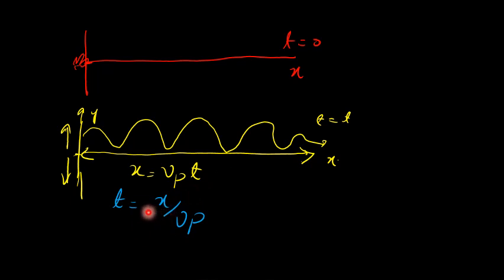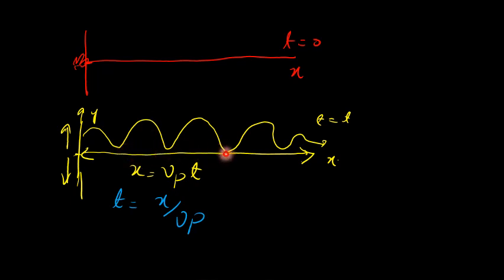Hence we can say that the displacement y of the string at any point x along the x-axis is the same as it is at x equals 0 at some earlier time. As we can see, at x equals 0 this is the displacement, and again if we look at this point, the displacement is the same.